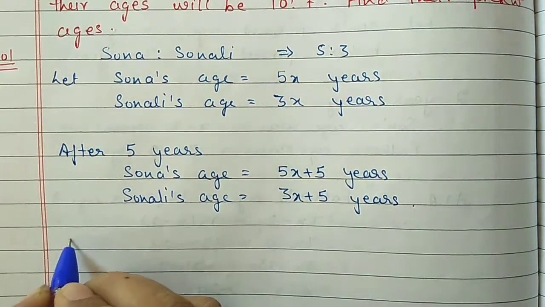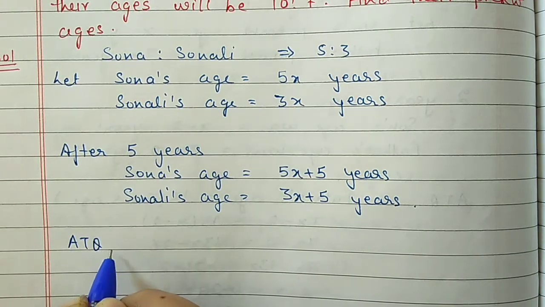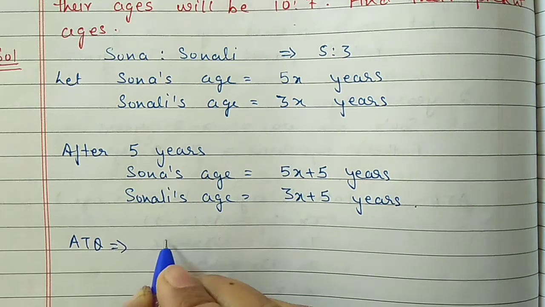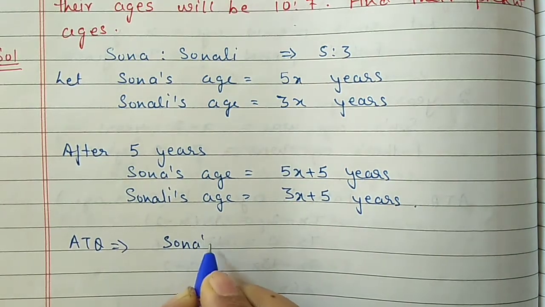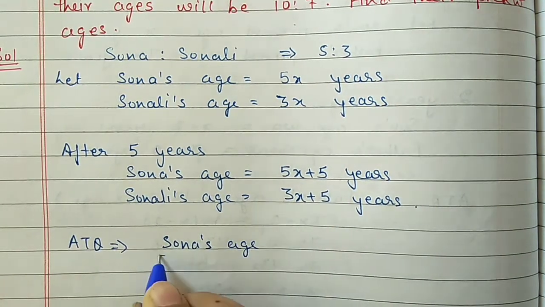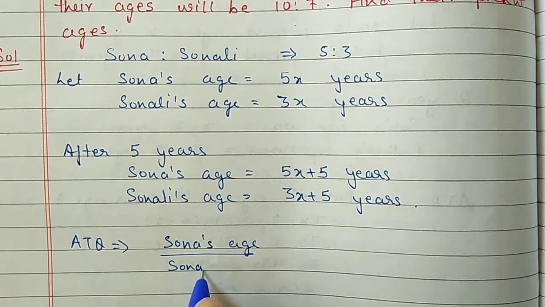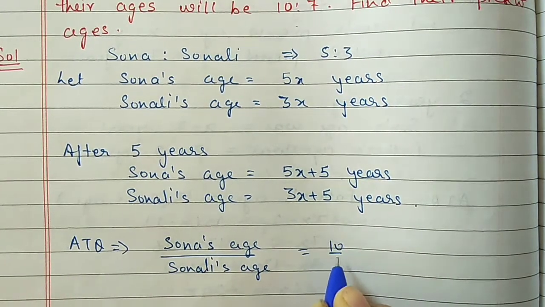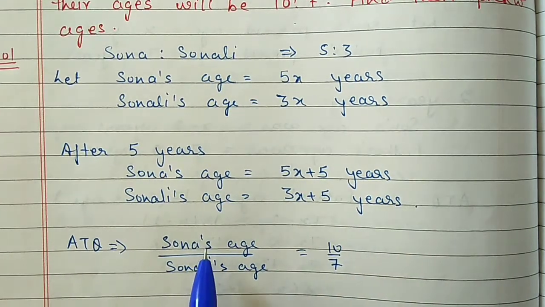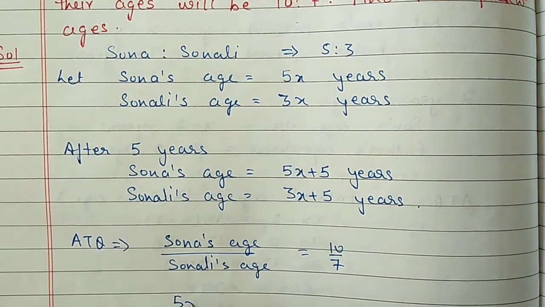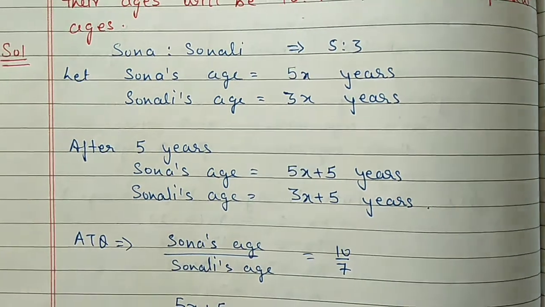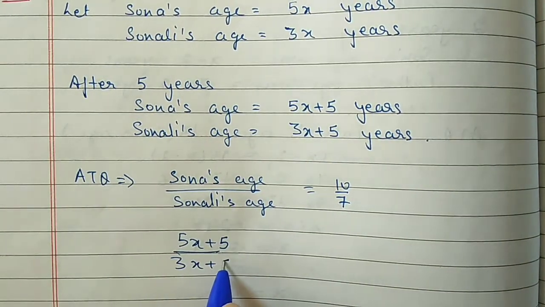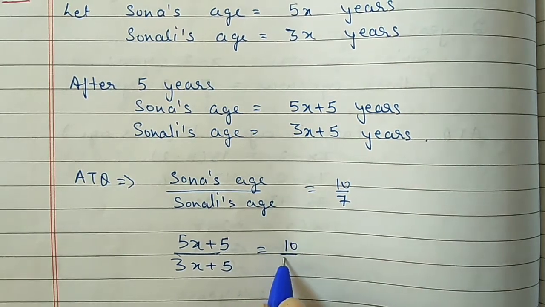Now according to the condition, after 5 years the ratio of their age is 10:7. So their age ratio means Sona's age by Sonali's age is 10:7. Now we can substitute the values here. Sona's age is 5x plus 5 and Sonali's age is 3x plus 5, which is equal to 10/7.